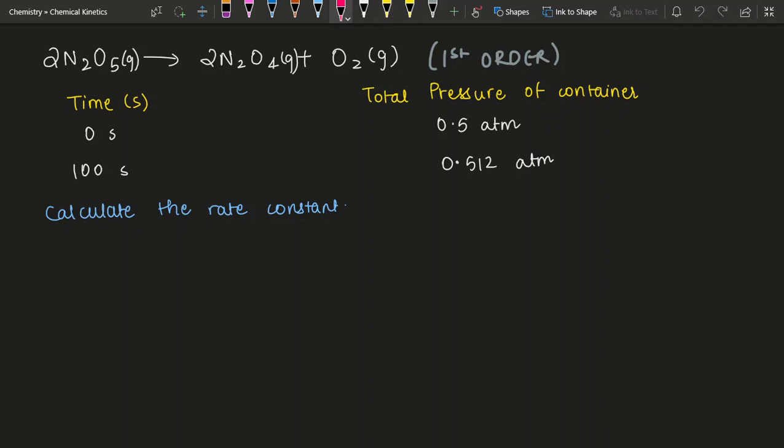So here is the reaction. Gaseous dinitrogen pentoxide converts into dinitrogen tetroxide and oxygen gas. This is a first order reaction. It's given in the question.